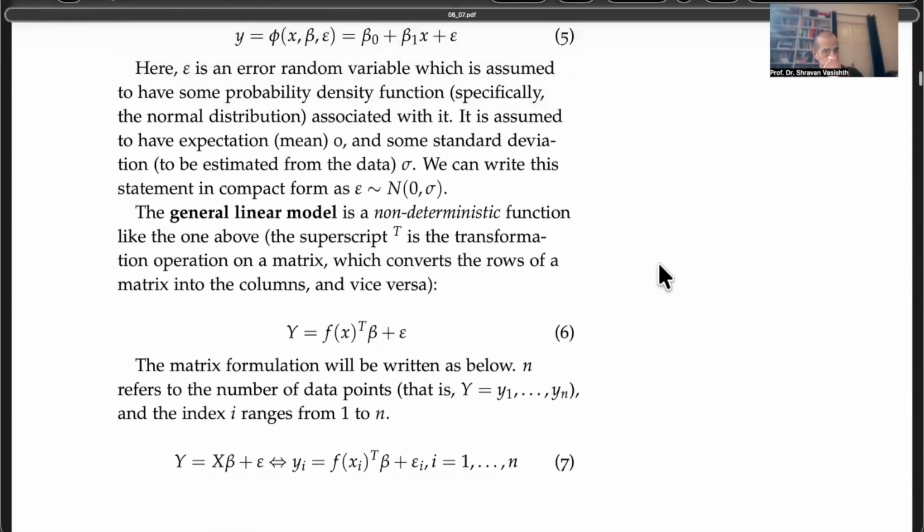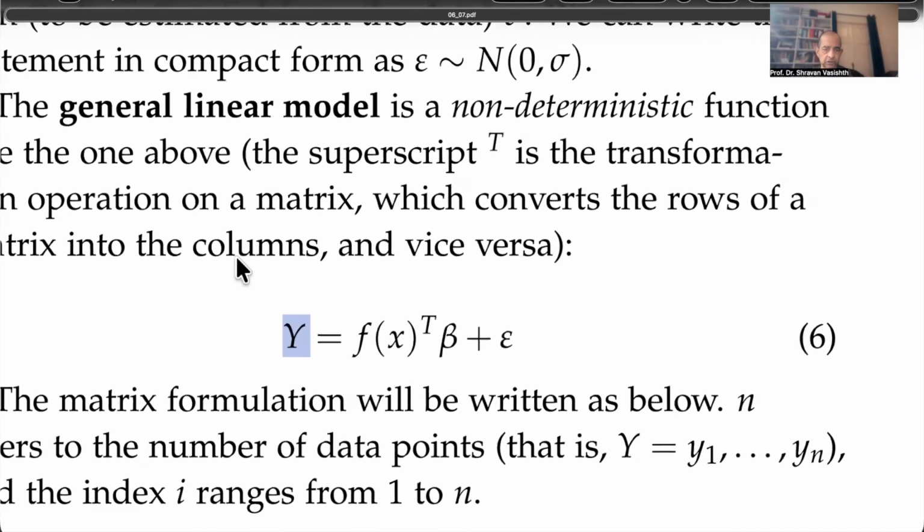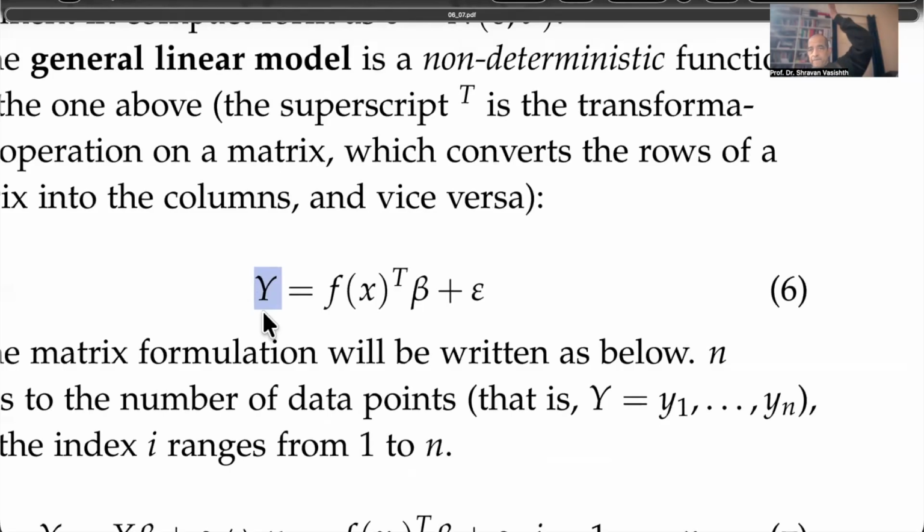So we can now express this general linear modeling framework as a non-deterministic function, and we can write it in matrix form now, right? Notice I'm using capital Y now, so this refers to a vector with n rows and obviously one column, right?